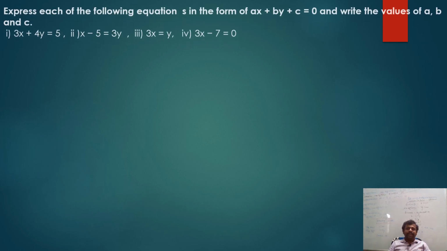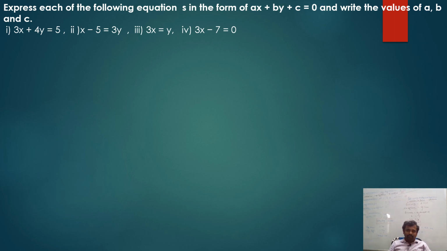Students, we discussed the general form of a linear equation in two variables. Now we have to compare a linear equation in one variable with a linear equation in two variables and find the values of the constants.